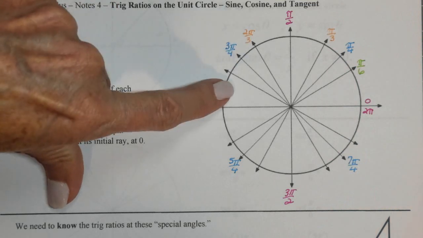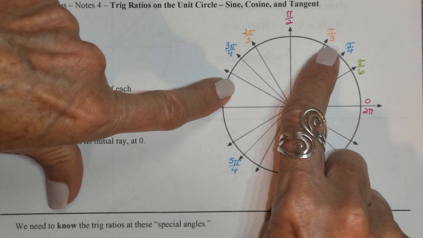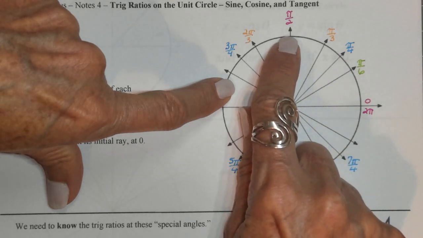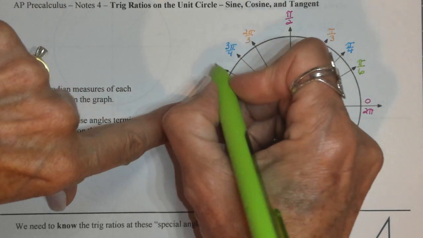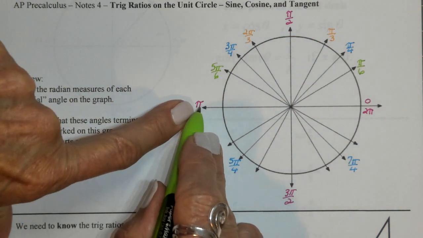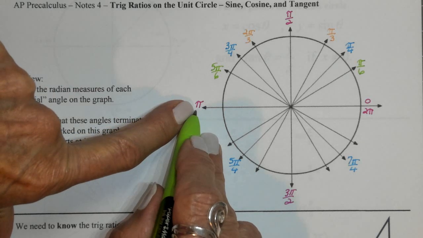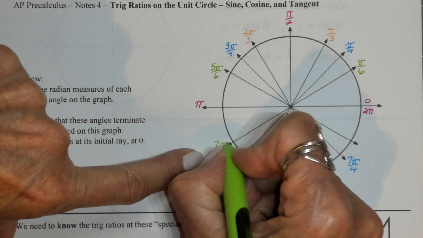If we go another pi over 6, so we started with 1 pi over 6, 2 pi over 6, 3 pi over 6, 4 pi over 6. This is 5 pi over 6. If we go one more, we're at 6 pi over 6, which is pi. Next pi over 6 will be 7 pi over 6.